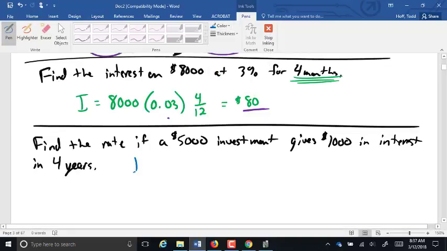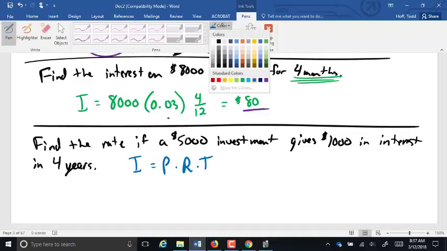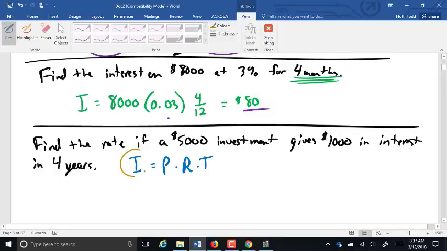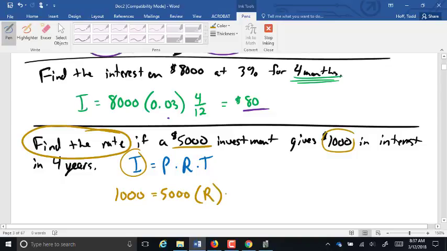So here, it's still interest equals principal times rate times time. But in this case, we know the interest is $1,000. The principal is $5,000. It says find the rate. The rate is what we're looking for. We're going to call that R. Our time says 4 years. That's just 4 that goes in there.